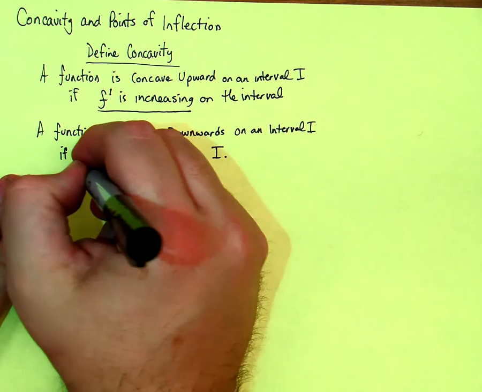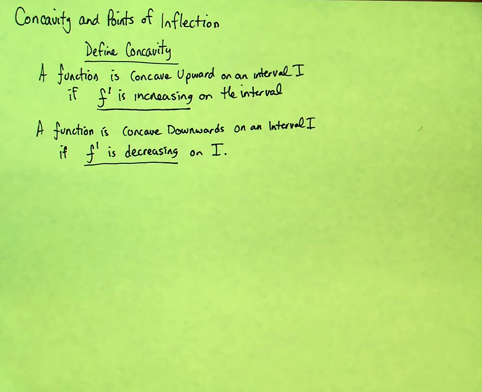So if it's decreasing, it's concave down. If it's increasing, it's concave up. And what we're talking about here is the derivative itself.